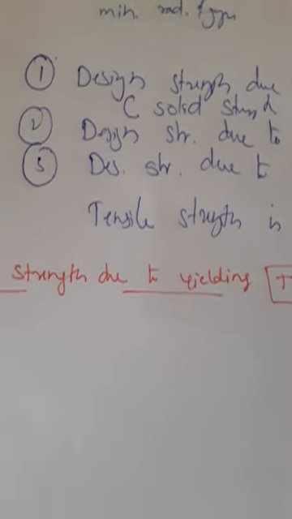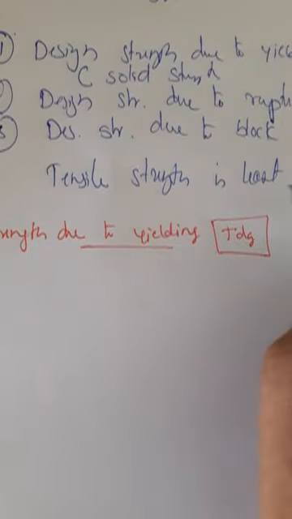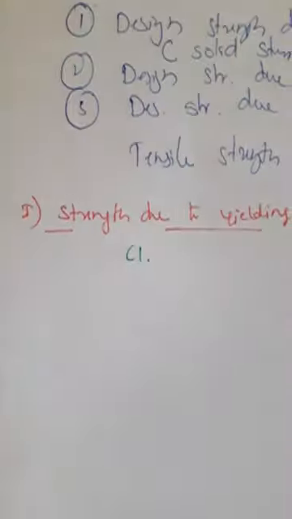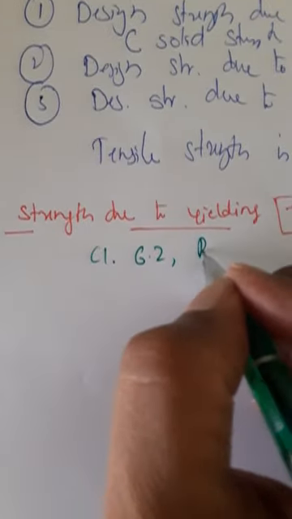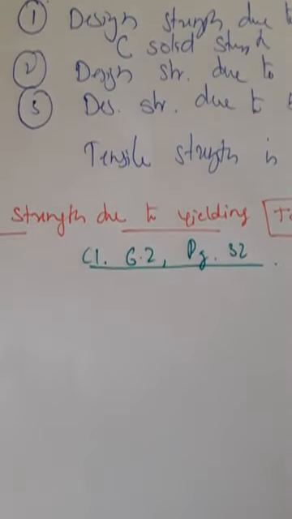First is strength due to yielding, denoted by TDG. This is given in clause 6.2, page 32 of IS 800.